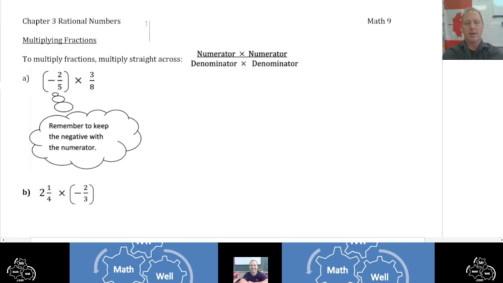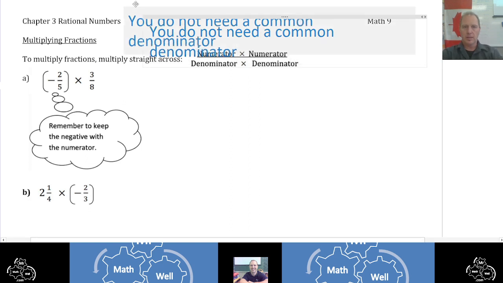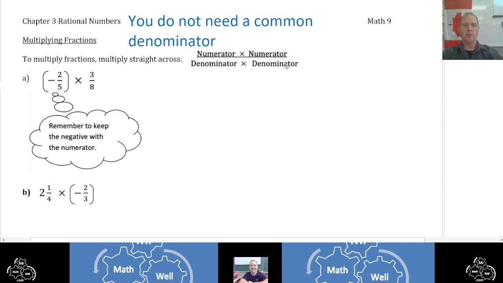You do not need a common denominator to multiply. That's pretty cool. It's a little less work, isn't it? Now there will be some simplification that we'll do when we multiply fractions, and I'll show you that in a bit.